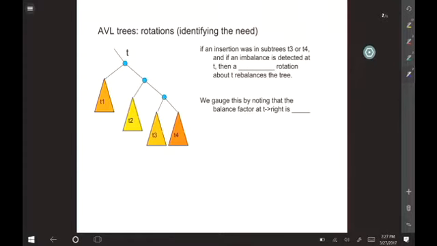The imbalance is detected here, which means the balance factor is 2. The insertion happened down here, and I'll tell you right this minute that a left rotation is the thing that will fix it. The justification is, just like we saw at first, that these 3 nodes are in a line. They're like a stick, and the rotation, the operation that we talked about 2 weeks ago, is what changes it into a mountain.